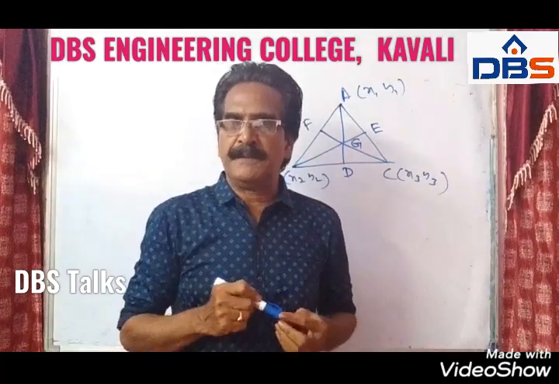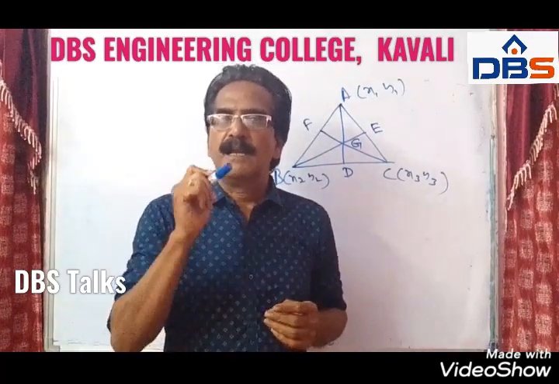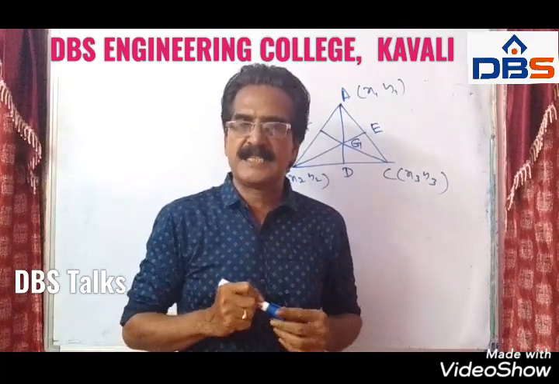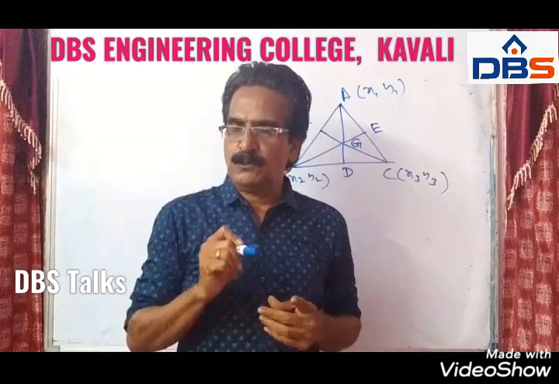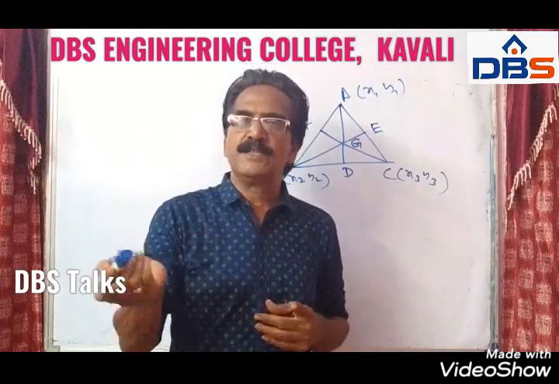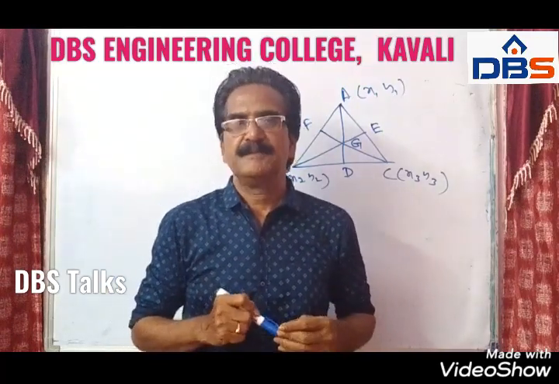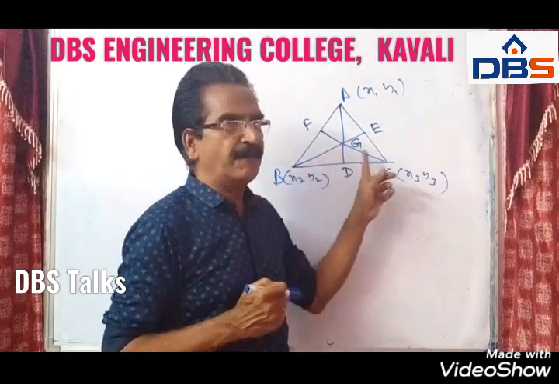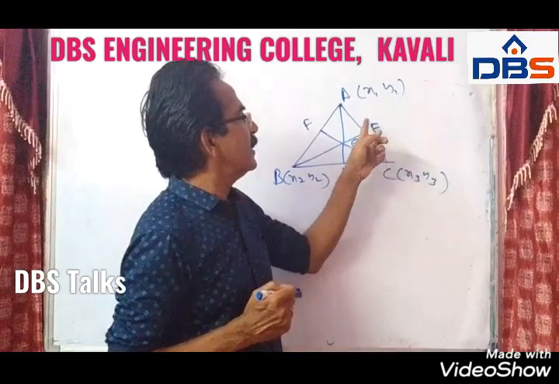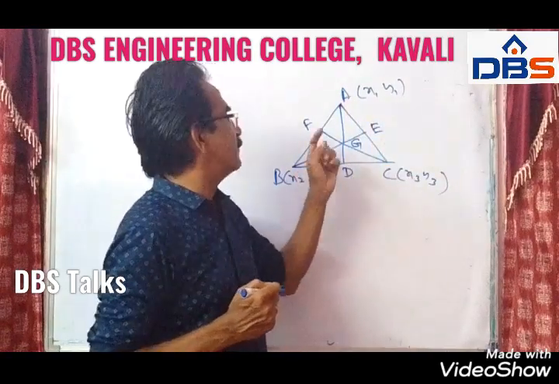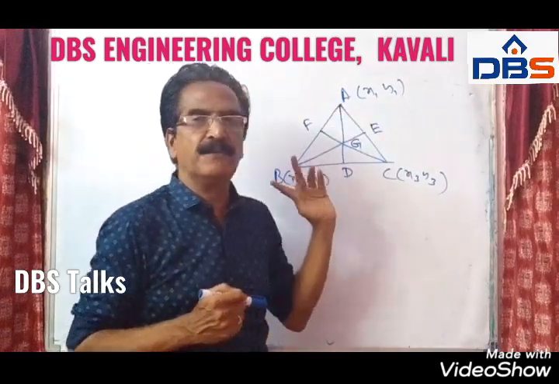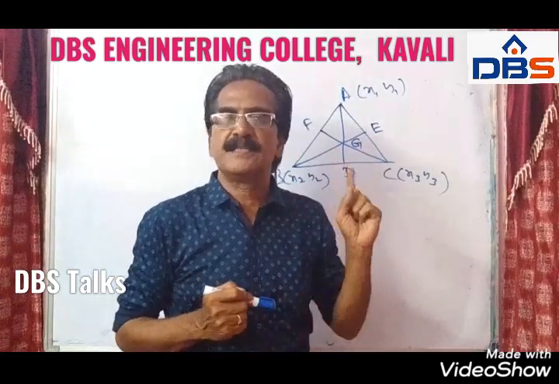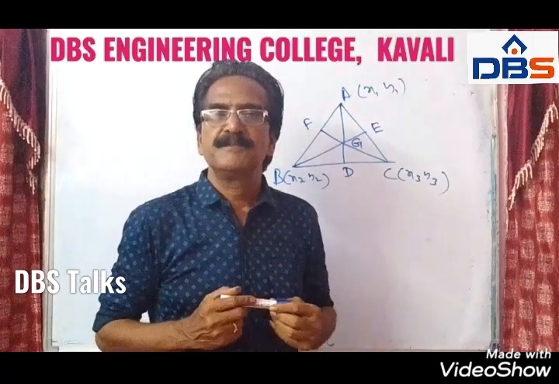What do you mean by a median? Lines drawn from the vertices through the midpoints of the opposite sides. Here D is the midpoint of BC, E is the midpoint of AC, F is the midpoint of AB. So D, E, F are the midpoints of the sides.